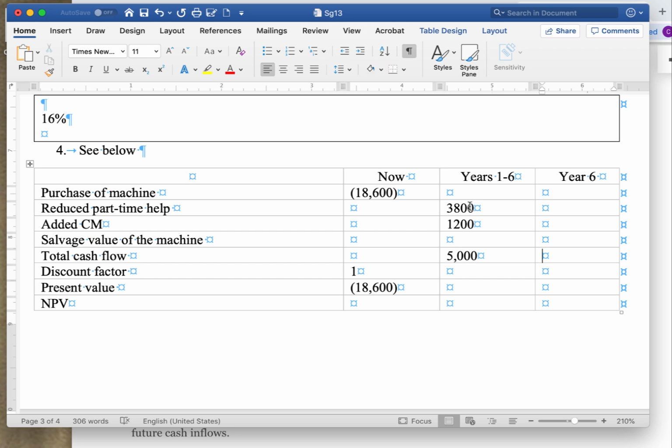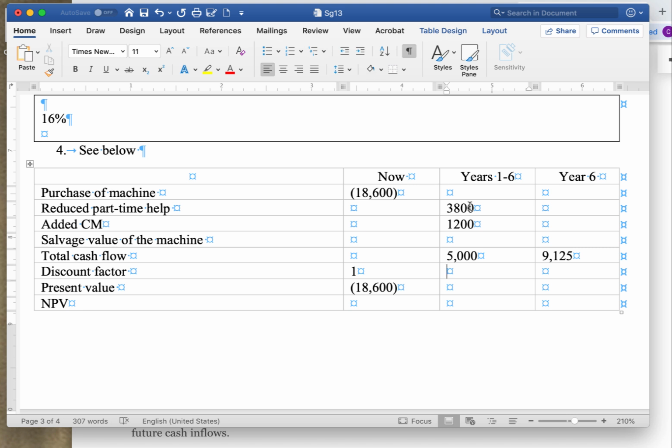And then we know in year 6 we're going to get $9,125 in salvage value. So we need to play around with these figures and figure out what factor we are going to use so both of these add up to $18,600, right? So we need to figure out what discount factor we should use.